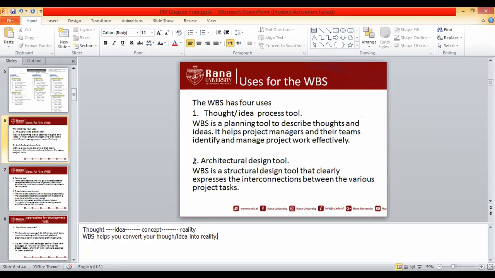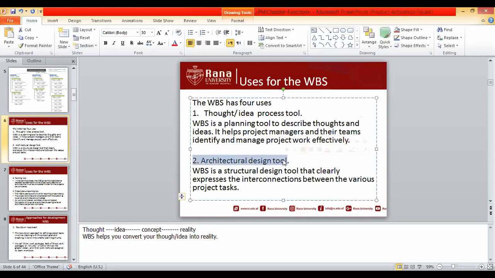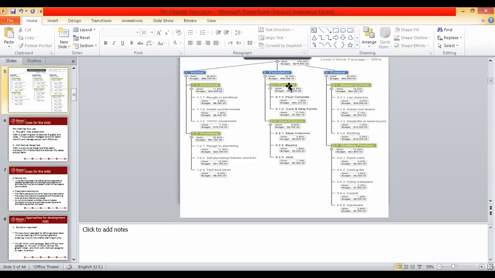Second one is architectural design tool. When you are creating a work breakdown structure, this is like architectural work. An engineer has done something, right? If you look at these activities, the big activities, the sub-activities and the tasks, you see, this is like architecture.